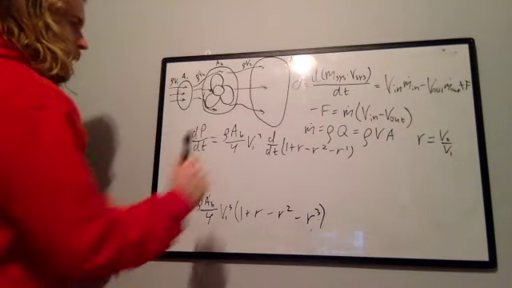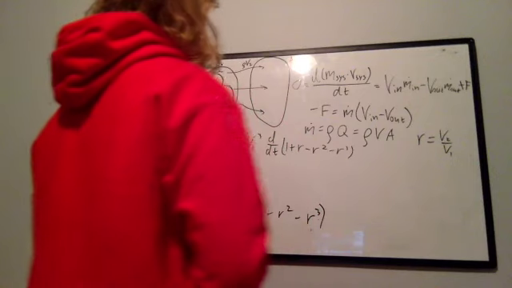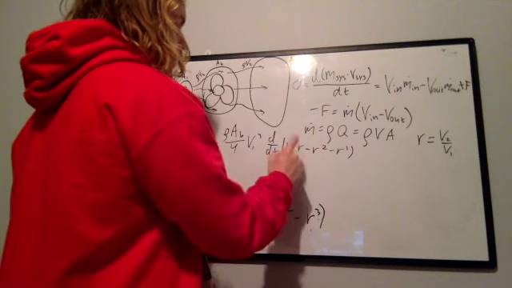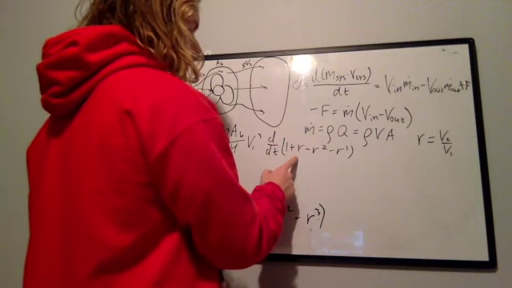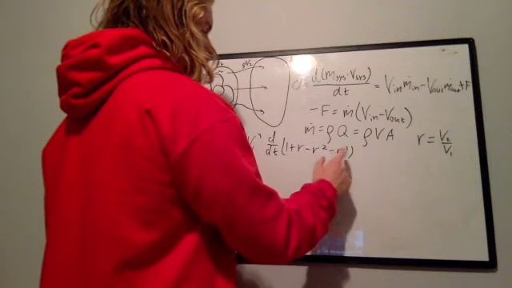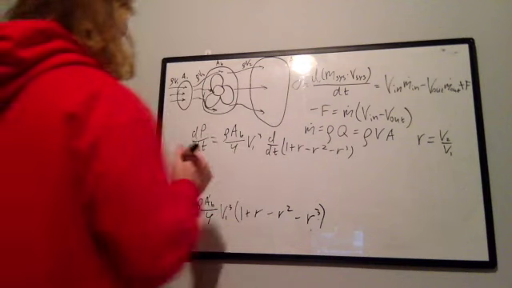All right, and then when we do this, the 1 will go away, the r will become 1, this r squared will become negative 2r, and then this will become negative 3r squared. So we'll go ahead and write that out.